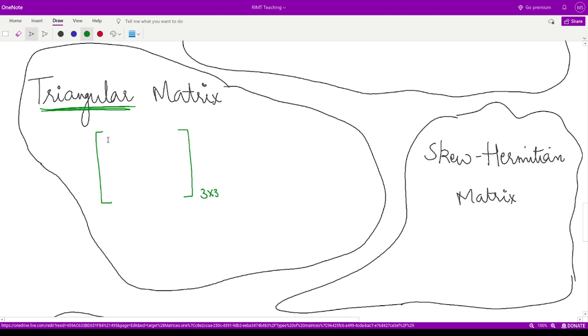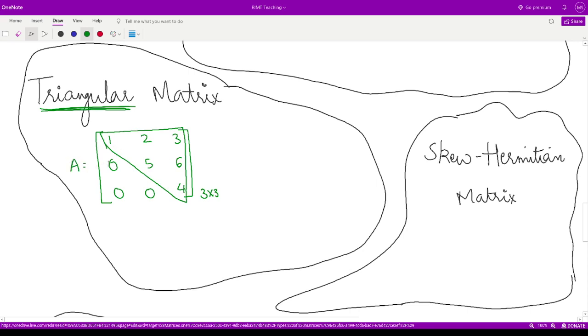Now I am saying I have numbers which are taking the form of a triangle only. So you see, this is the form of a triangle, and all the other entries, this one and this one, are 0. So this is the triangular matrix where the numbers are only present in the form of a triangle.